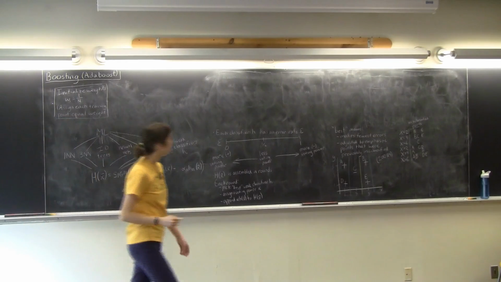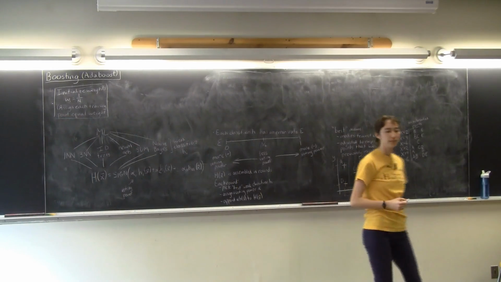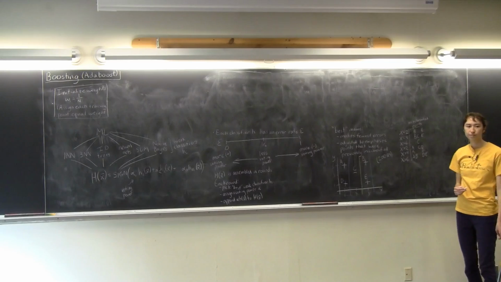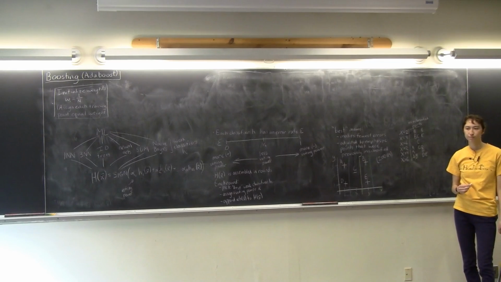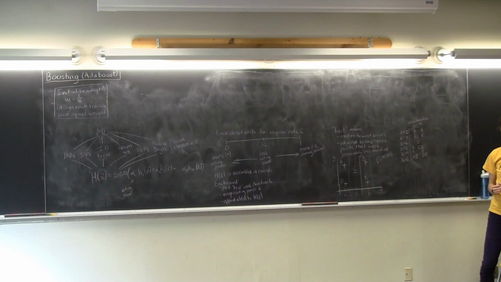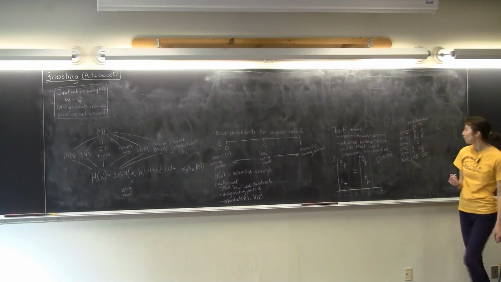So what should be the weight of training point A? How many training points do we have? 5. So what should be the weight of each point? Yeah, 1 over 5.